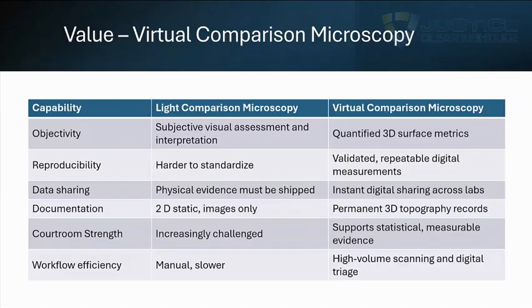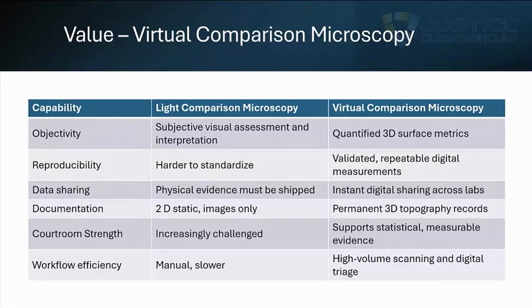With respect to reproducibility, light comparison microscopy, although it's not impossible, is more difficult to standardize. With virtual comparison microscopy, we can validate it and have validated, repeatable digital measurements. With respect to data sharing, for light comparison microscopy, the physical evidence must be shipped.